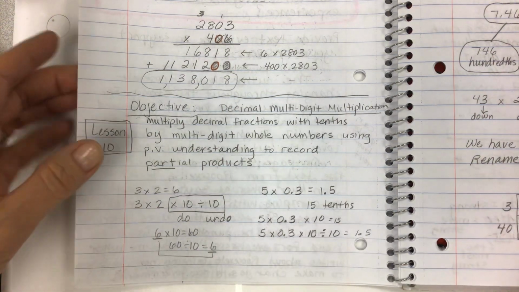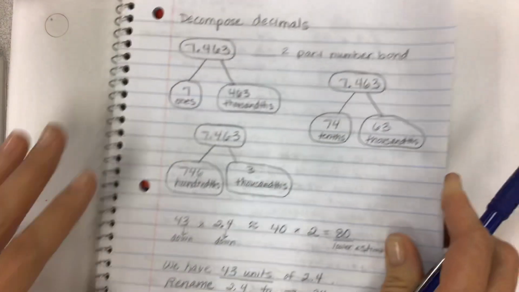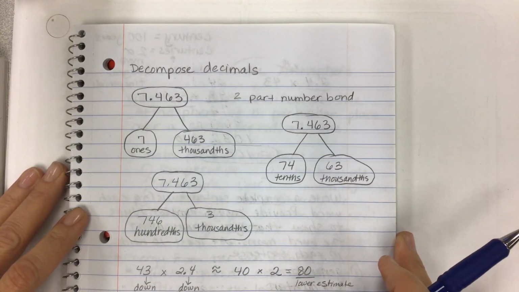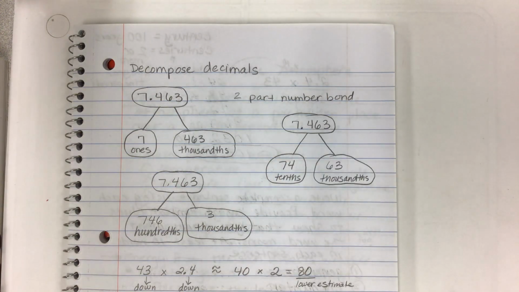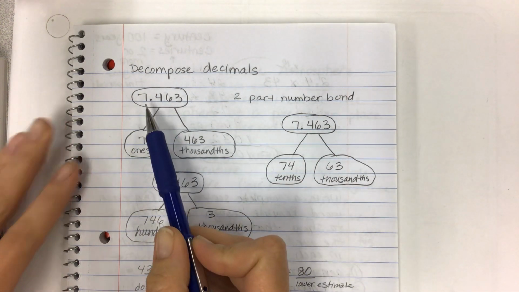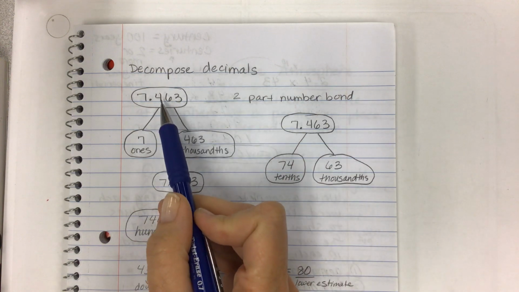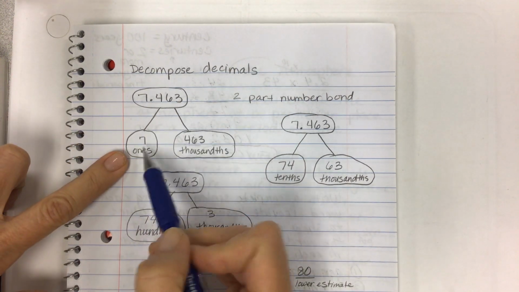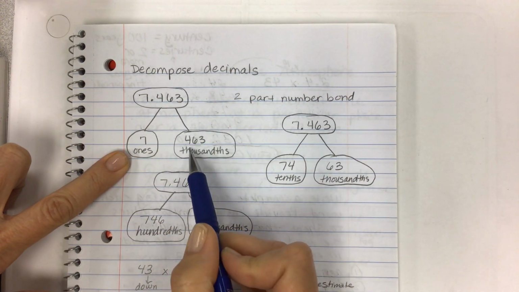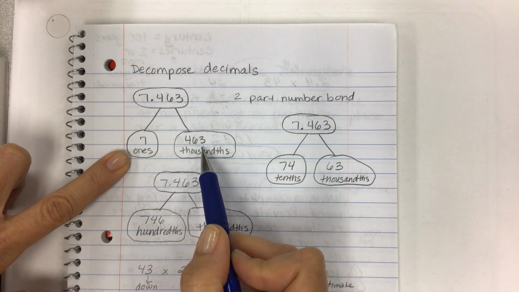So if that doesn't make sense, let's take a look at what we're talking about when we decompose decimals, or just call it by a different name. So if I have 7 and 463 thousandths, then I could take the 7 ones and then group the 463 thousandths together.